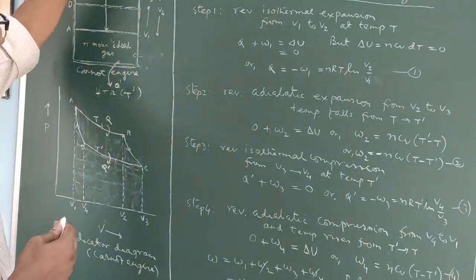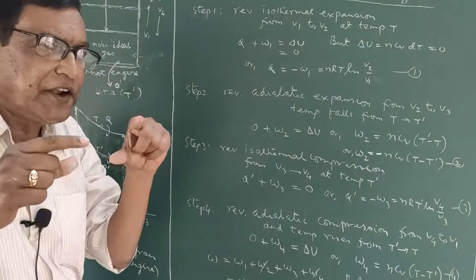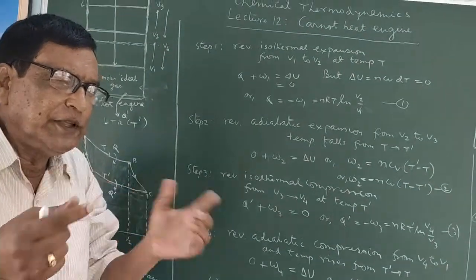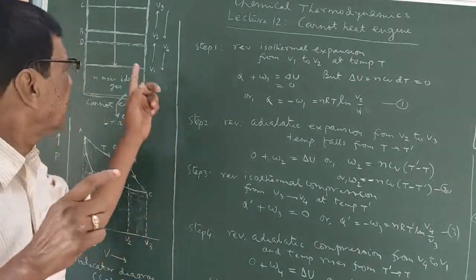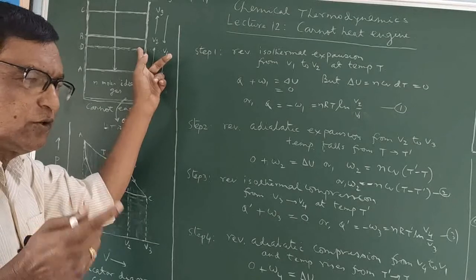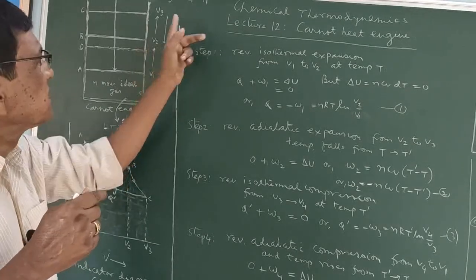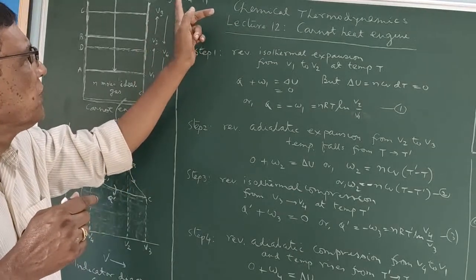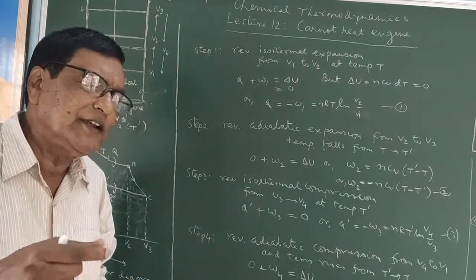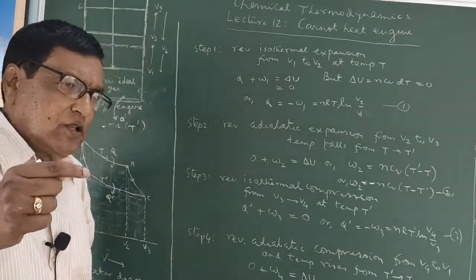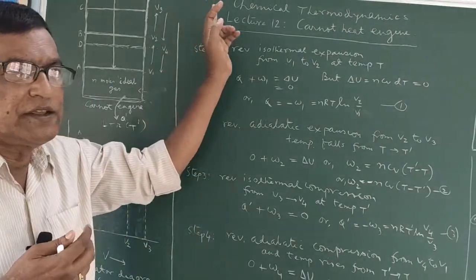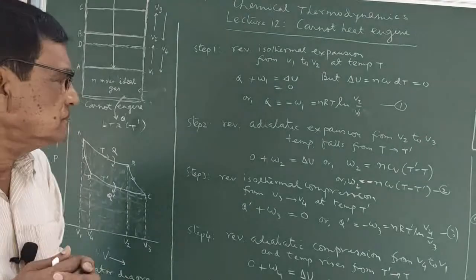And now again these sand grains are being put over the piston, and the load is increasing, pressure also increasing from P4 to P1. Sand grains are being added until the final pressure again becomes P1.